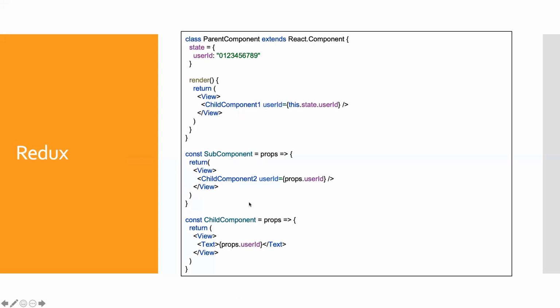And in the child component one, okay, so it's actually here. I made a mistake in the slide. So let this be child component one. What I'm saying is that in child component one, there's this property called userId. To access the userId, I can do props.userId because previously in the parent component, I actually declared that there's a prop here, right? So this is what this props refers to.